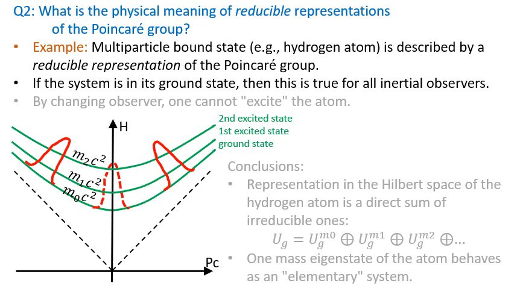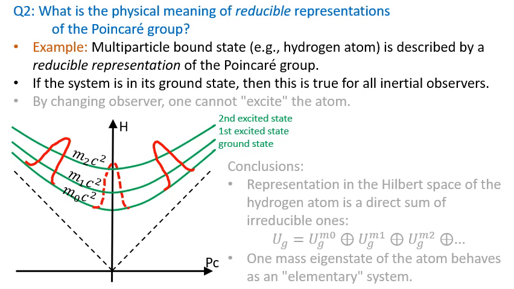Now, suppose that for the observer at rest, the atom was in its ground state, and its wave function was localized in the neighborhood of zero total momentum. This wave function is shown by the red broken line. The wave function is non-zero only on the ground state hyperboloid.